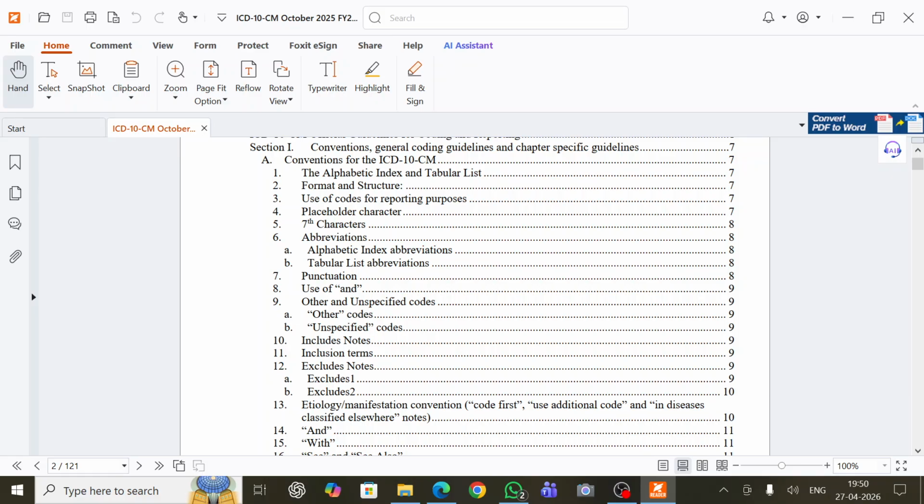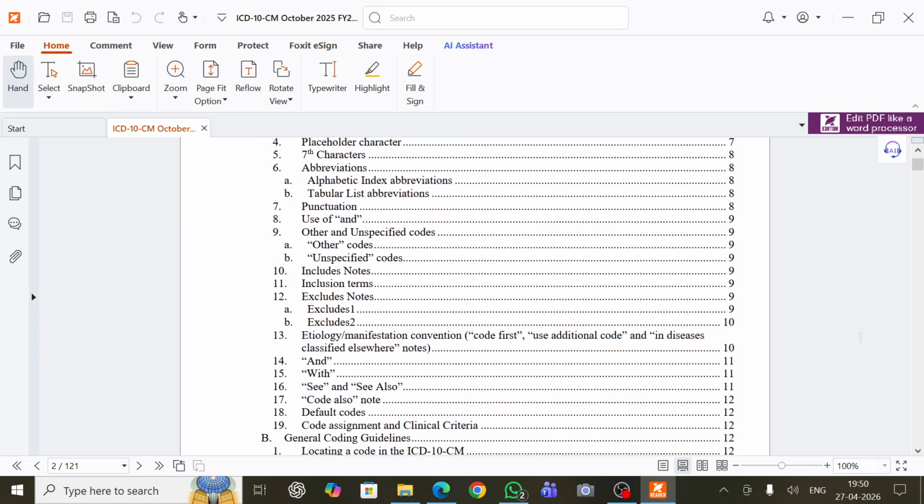We will see the alphabetical index, the tabular list, what the format and structure is, what a placeholder is, what the 7th character is, the many abbreviations used in the alphabetic index as well as the tabular list, where to use punctuation marks, and the concept of other and unspecified codes.